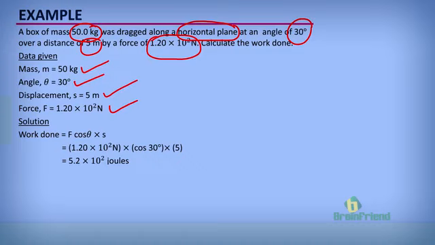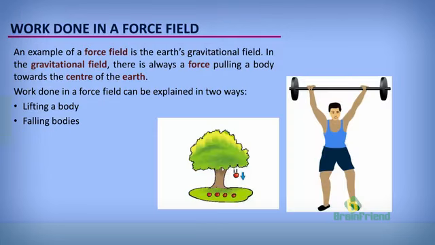Now the work done is F cos theta times S, that is the force times cos of the angle theta times the displacement. From our question, the force is 1.20 times 10 raised to power 2 Newton, the theta is 30 degrees, and the S is 5. When we do our multiplication, we get 5.2 times 10 raised to power 2 joules.